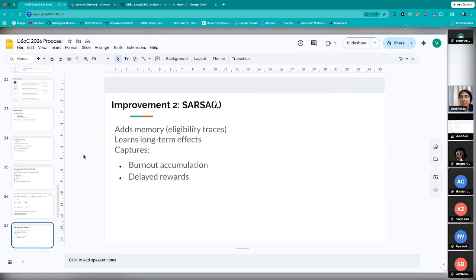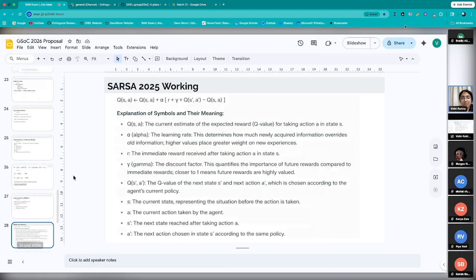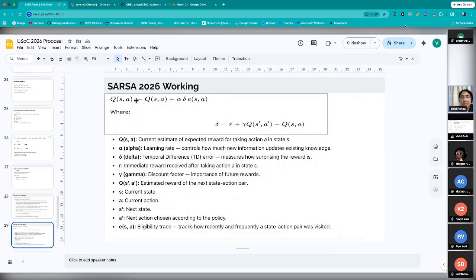Then the second improvement is SARSA Lambda. It adds memory, which is the eligibility traces, and it learns long-term effects and captures burnout accumulation with delayed rewards. This is the SARSA 2025 working, which I spoke about a while ago, where this is the standard equation for SARSA. But if we see SARSA Lambda, this is the equation where we have an extra e term involved.